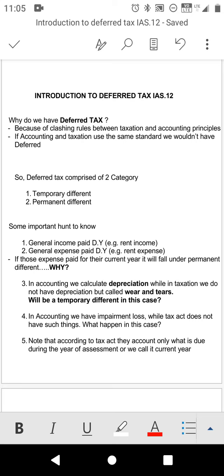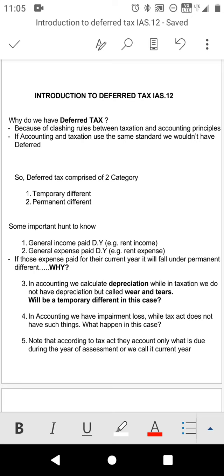So if accounting and taxation used the same standard, we would not have deferred tax. That's true. If the principles of accounting and taxation were the same, there would not be a need for this standard. But because the principles of accounting and tax are clashing, we have to deal with IAS 12.